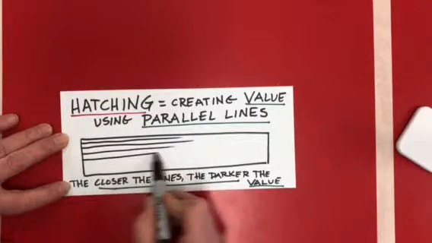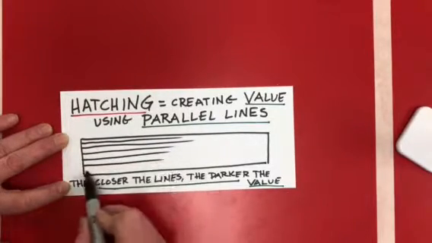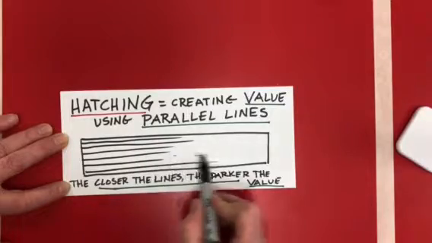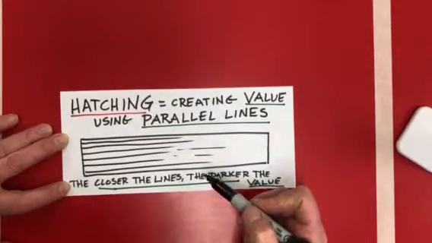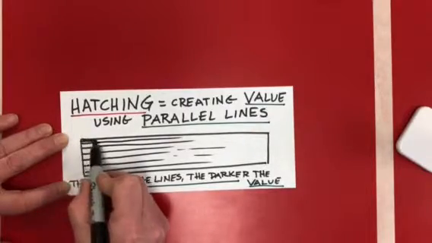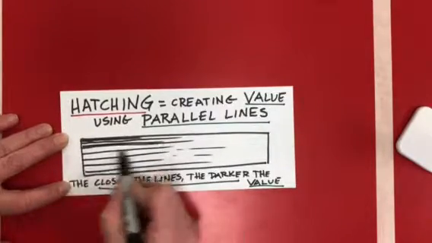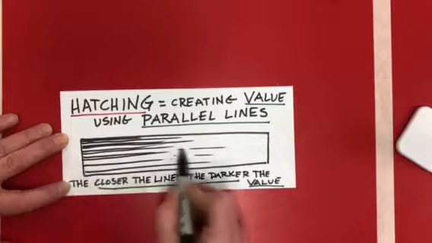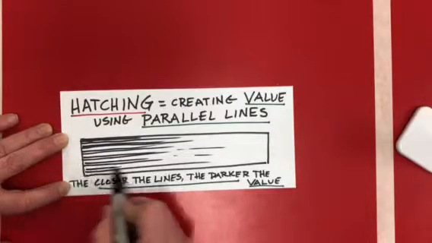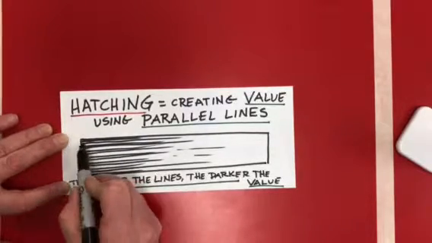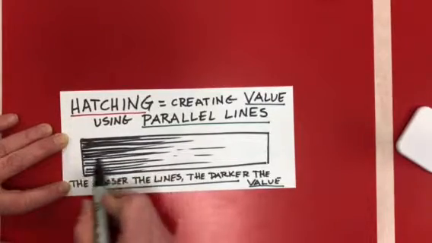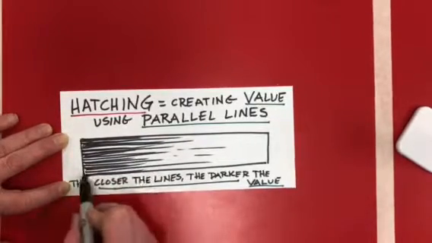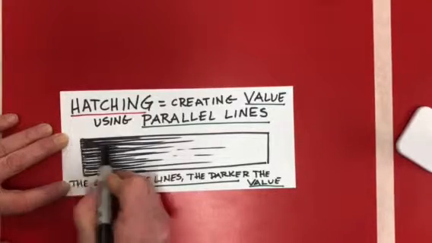But we want to create the illusion that our value is getting darker and darker. Okay? So where there are fewer lines, the lighter is value. The more lines you put down and the closer together they are, the darker the value becomes. So we're really talking about a ratio of mark making to paper.